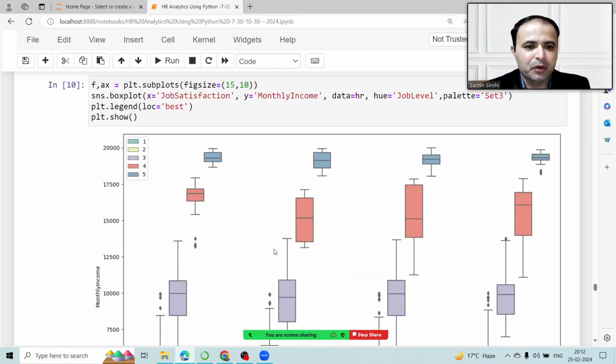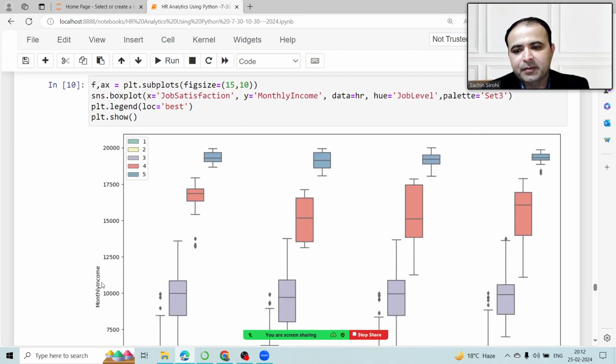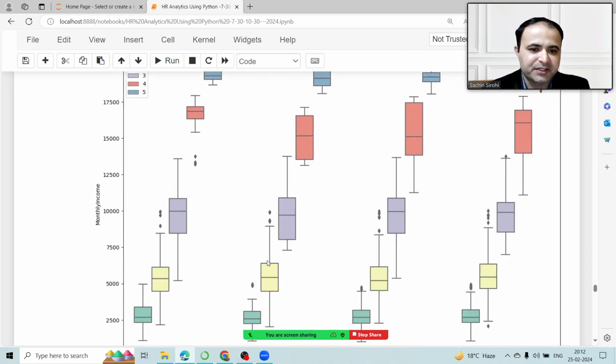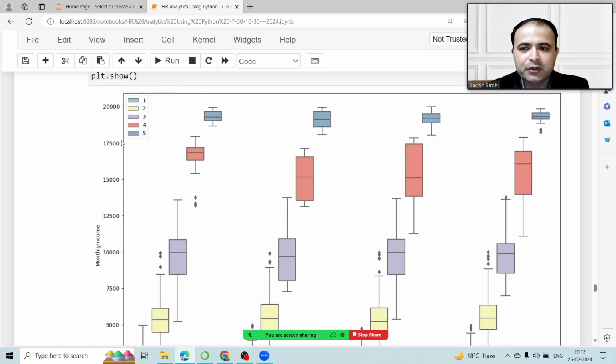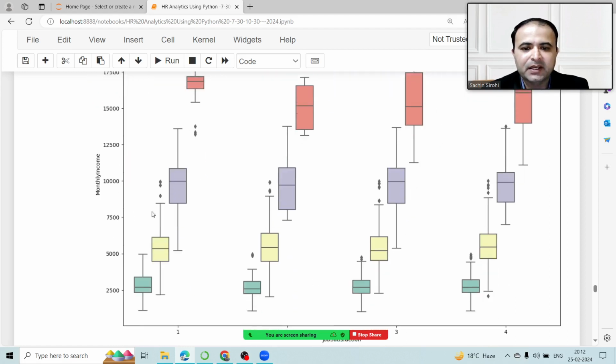So these are the box plot charts, and we want to find out the monthly income, which is presented here according to job satisfaction. If the monthly income is high, what is the job satisfaction? You can consider that job satisfaction is high when the monthly income is high.